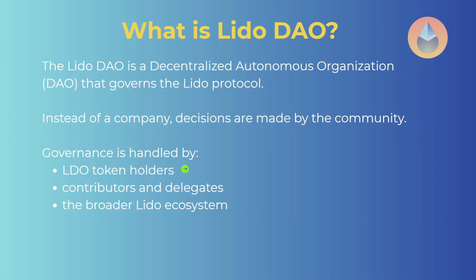The governance is handled by LDO token holders. This is the token that you have to have in order to participate in the governance decisions of this protocol. It is handled not only by LDO token holders, but also by contributors, delegates and the broader Lido ecosystem.